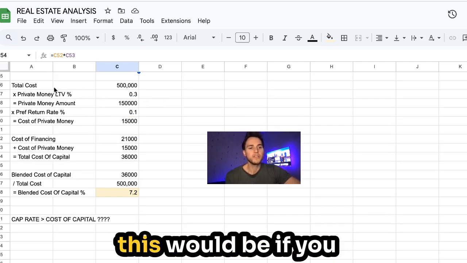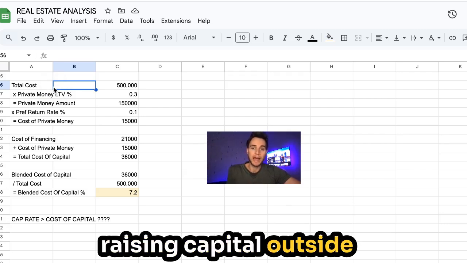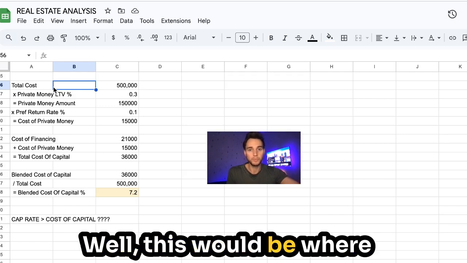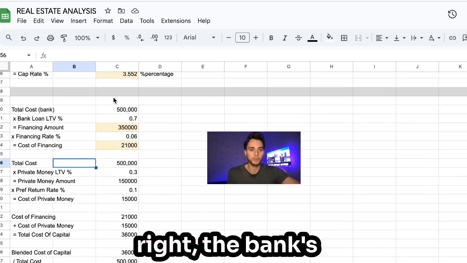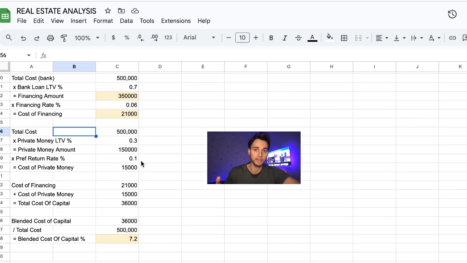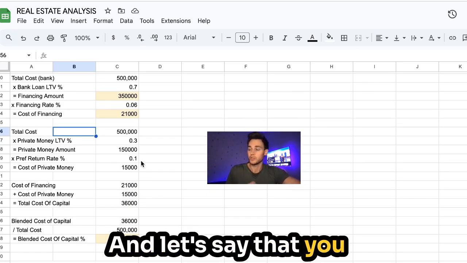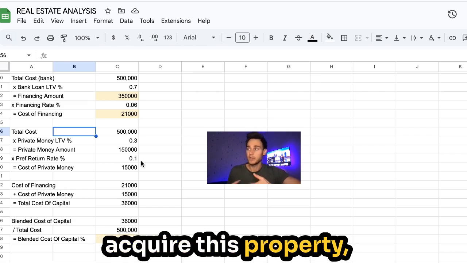This section here is a little different. So this would be if you are also, in addition, raising capital outside of your own money. Well, this would be where you calculate this stuff. So let's say in this particular example, the bank's going to loan you 70% of the value, but you have to come up with the other 30%. And let's say that you don't want to put any money down. You're like, you know what? I'm going to acquire this property with none of my own money.